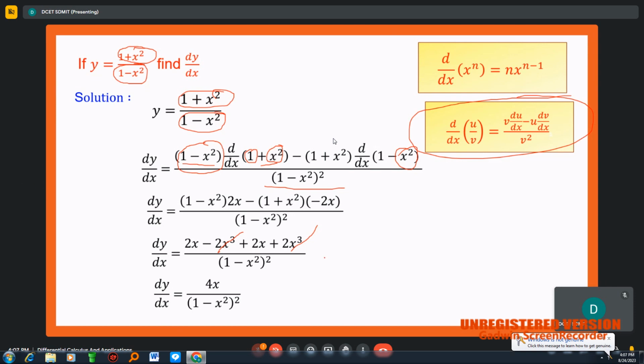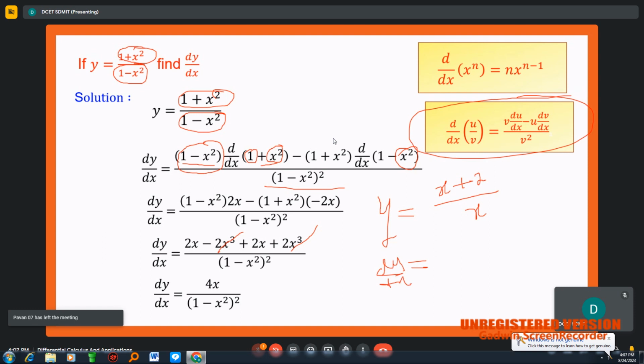Now try this problem. If y is equal to x plus 2 divided by x, what is dy by dx? What is the answer?